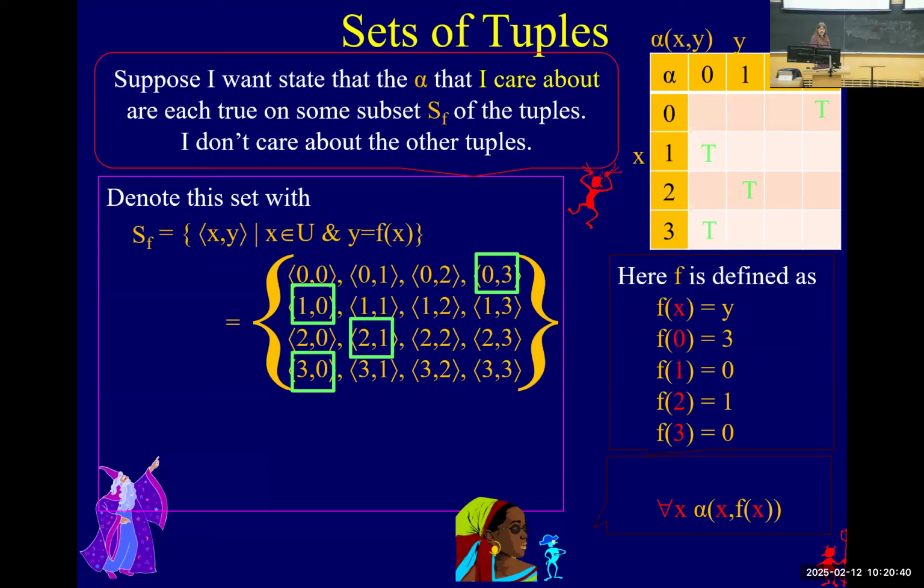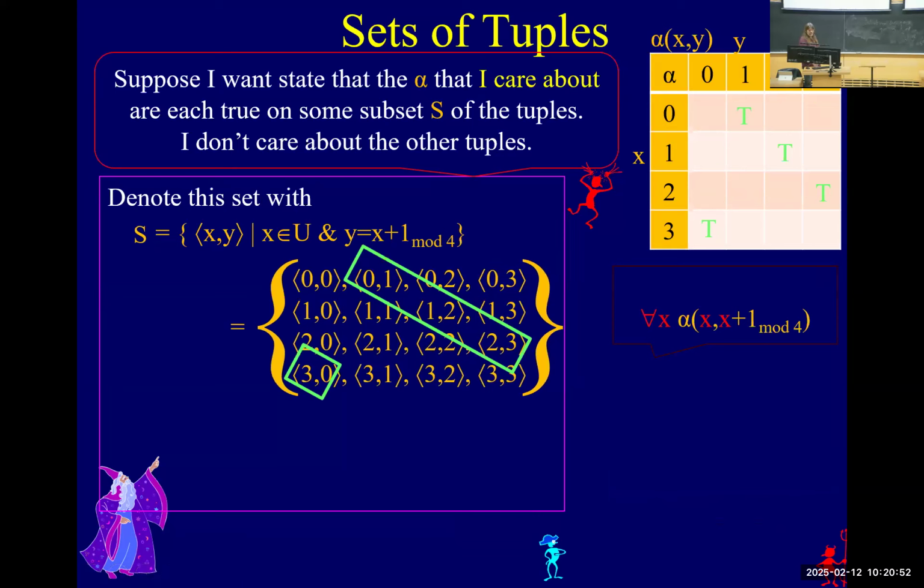Now, I could give you some arbitrary function f from x to y. You could just remove the mod 4, and then x of 3 plus 1 would be 4, and then you would be saying that 3, 4 was true.